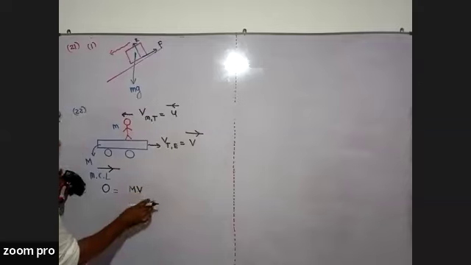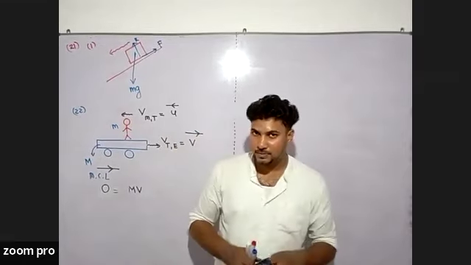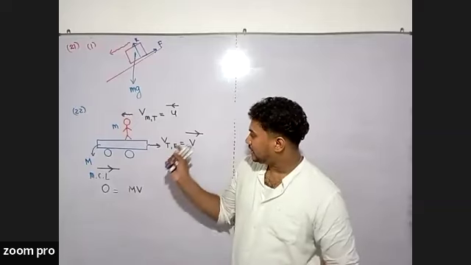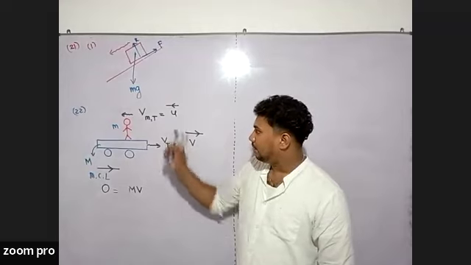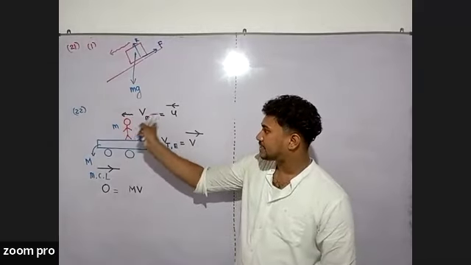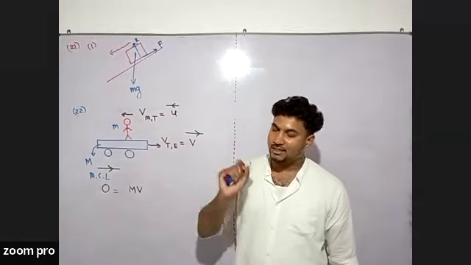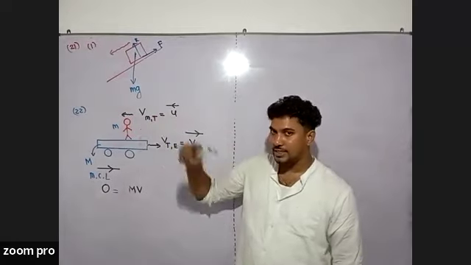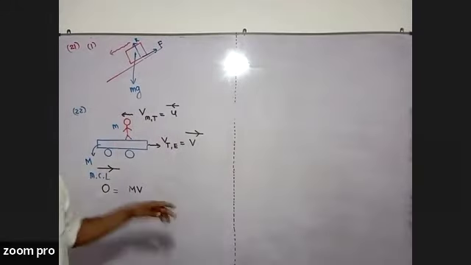So keep in mind that when you substitute the velocities for this question, we have learned that the velocity should be substituted relative to one single frame, right? Here the velocity of the trolley is given relative to the earth, but the velocity of the man is given relative to the trolley. So it should be converted into the velocity of man relative to the earth, otherwise this application is incorrect, right?